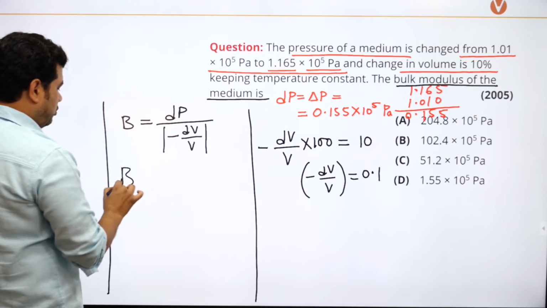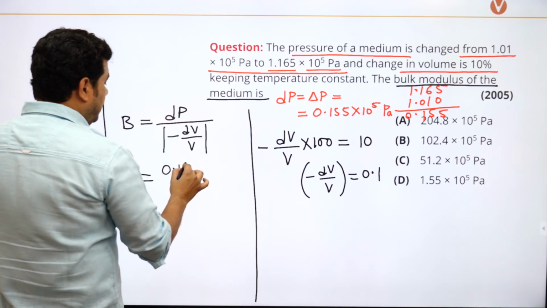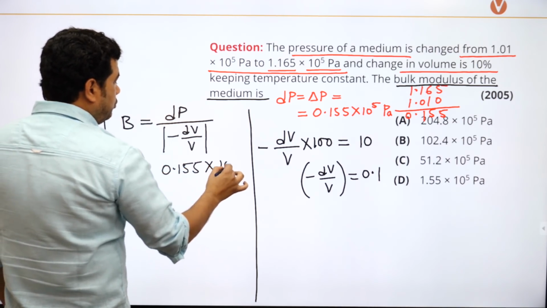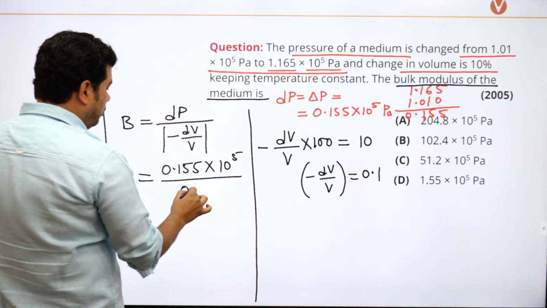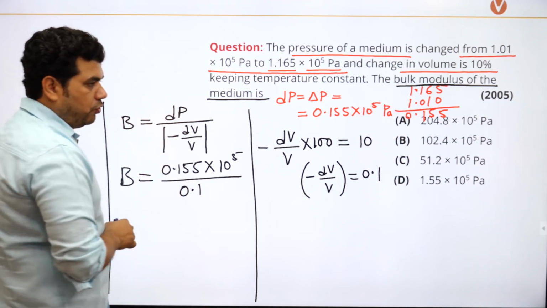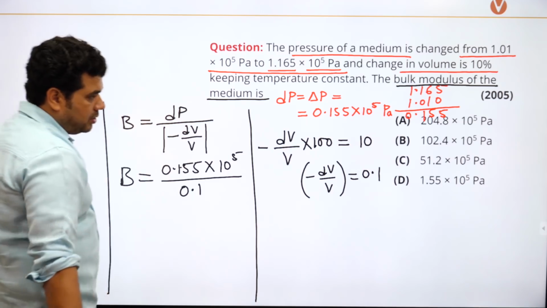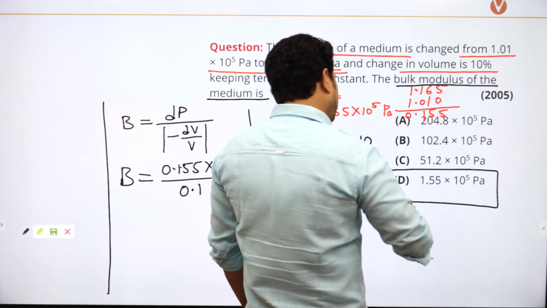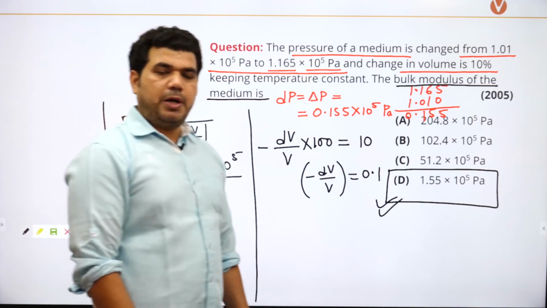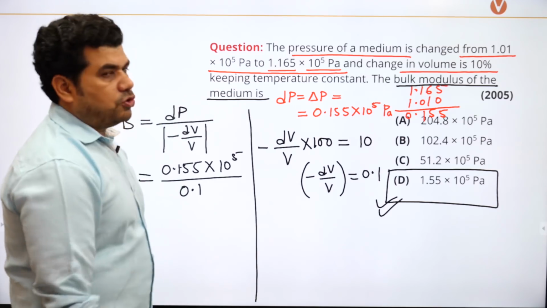So bulk modulus of elasticity, dP, that is 0.155 into 10 to the power 5, and here we get 0.1. So what should be the answer? 0.1 here, 0.1 here. So we can say the answer is 1.55 into 10 to the power 5 Pascal. Got it? So this is the bulk modulus of elasticity.